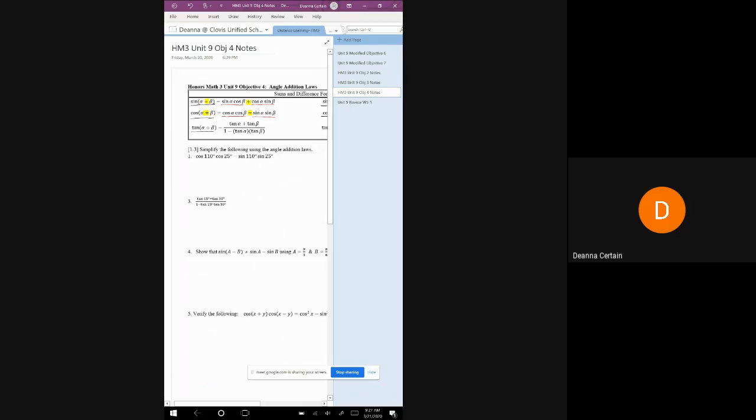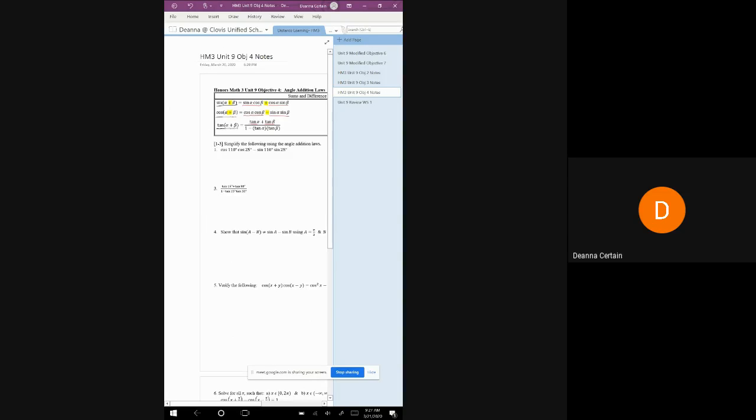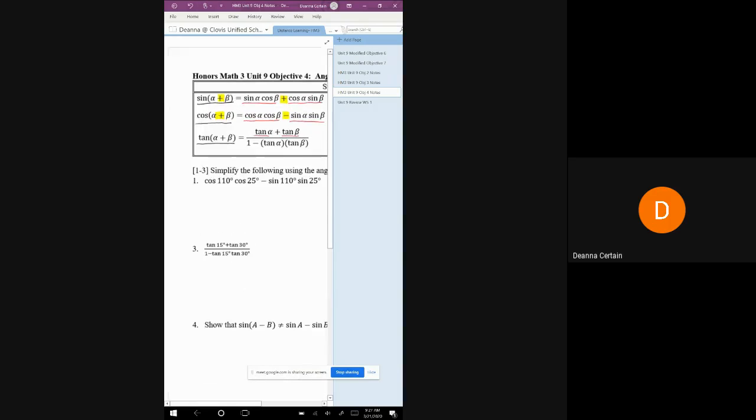When you are adding 2 angles within tangent, up top you would have those 2 angles with their respective tangents being added. So tangent of the first angle, tangent of the second angle. And then since we were adding within your original tangent, you are still adding on top there.